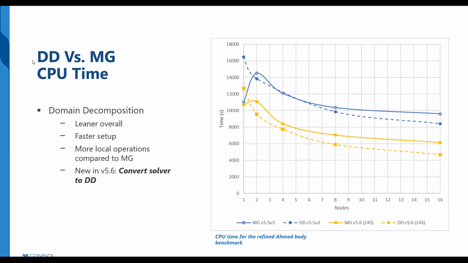If we bring in domain decomposition to the equation, compare the dashed lines here, which are numbers for the CPU time for the domain decomposition. Blue curves are for 5.5 and yellow for version 5.6. And what you can see here is that not only have we improved multigrid, but we also have improved domain decomposition.